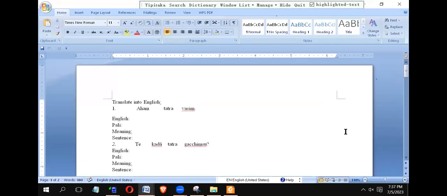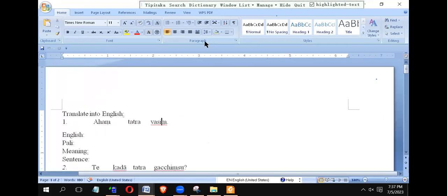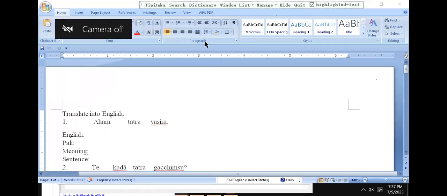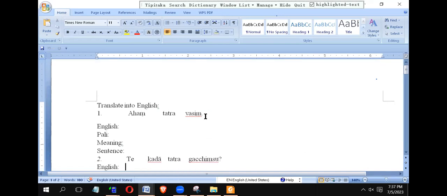Okay. This is a copy from the book. Now the first question. Aham tatra vasim. Now this is the past tense, because of the im.